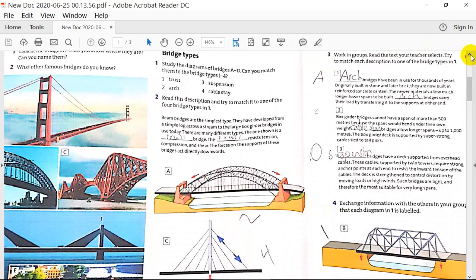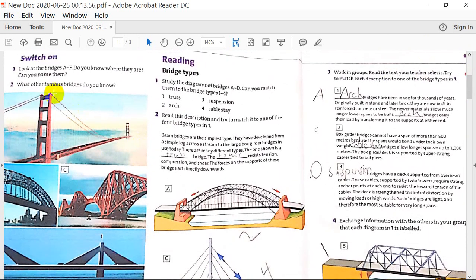We have here two questions to answer. Number one, look at the bridges A to F. Do you know where they are? Can you name them? What other famous bridges do you know?